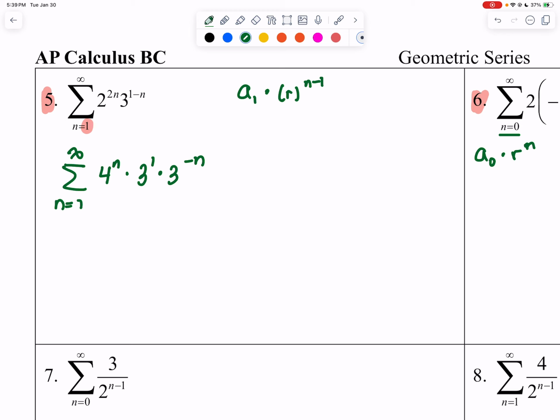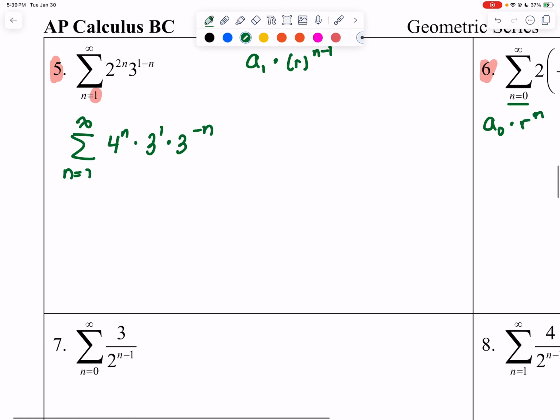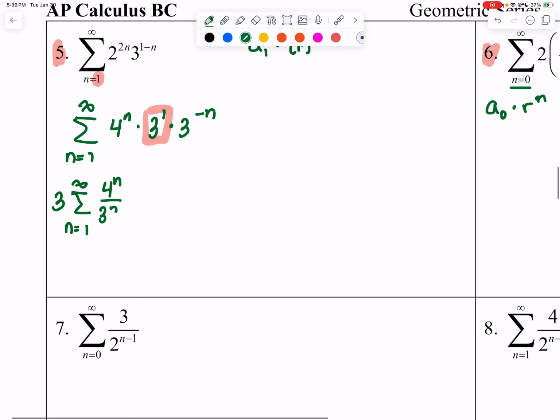So if I clean this up a little bit, I'm going to have 3 from this 3 right here. Then I'm going to have 4 to the n, and then 3 to the n, which means that I have 3, and then 4/3 to the n.